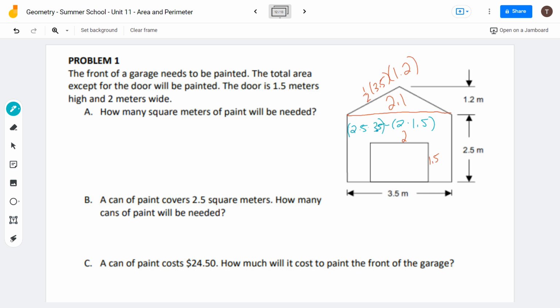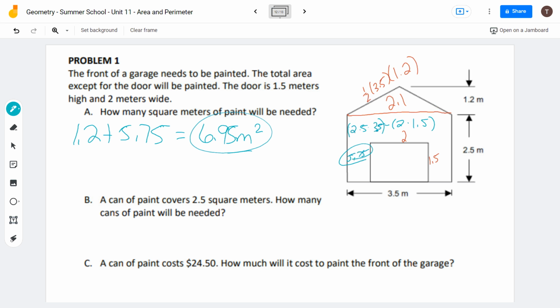So 2.5 times 3.5 is 8.75, minus 2 times 1.5, which is 3, so 5.75 for the area of that. So I'll do 2.1 plus 5.75, and that should give me 7.85 meters squared.